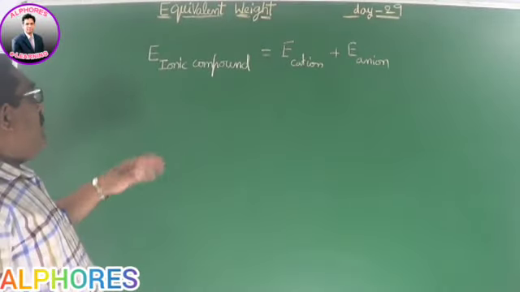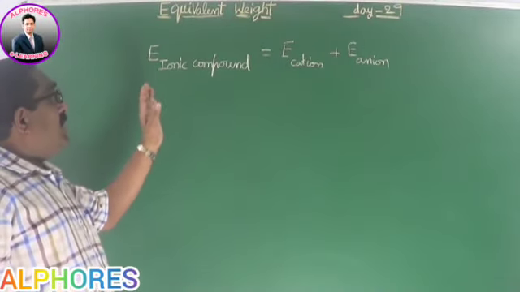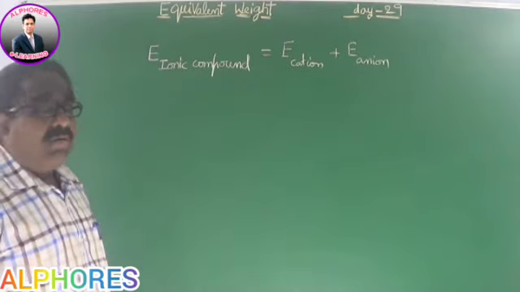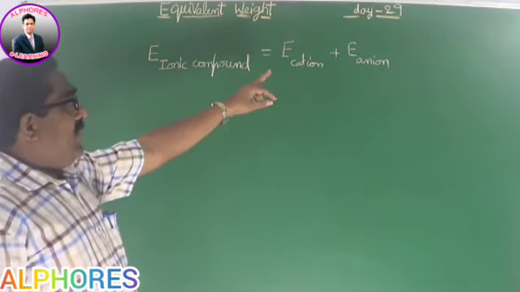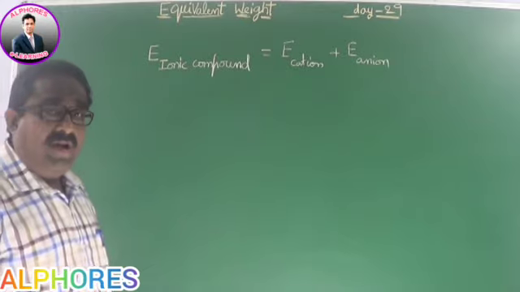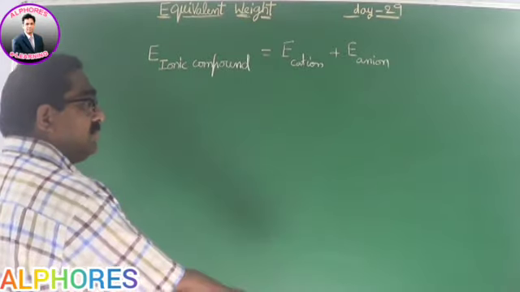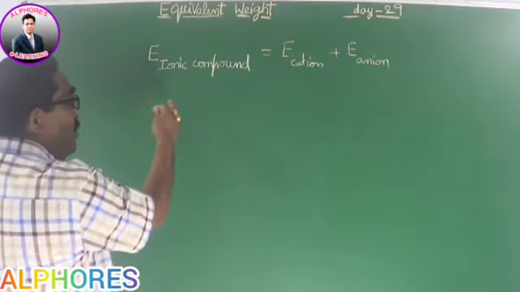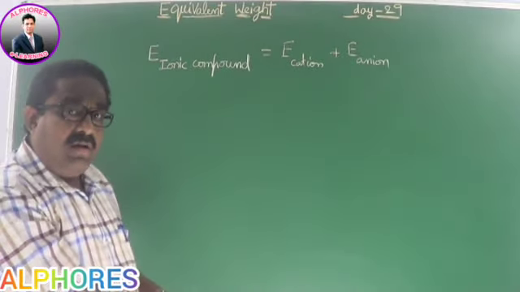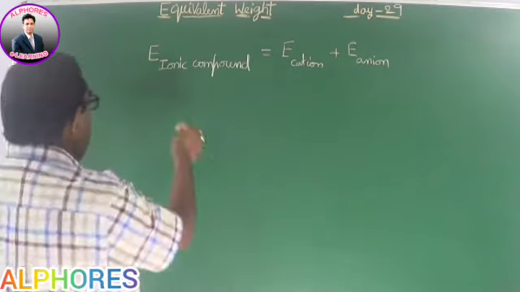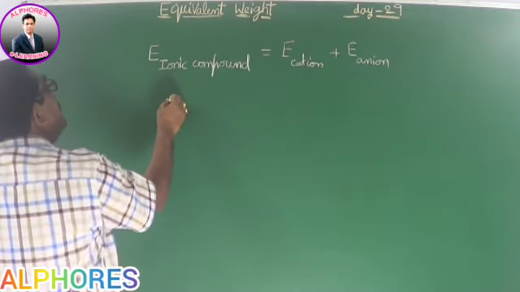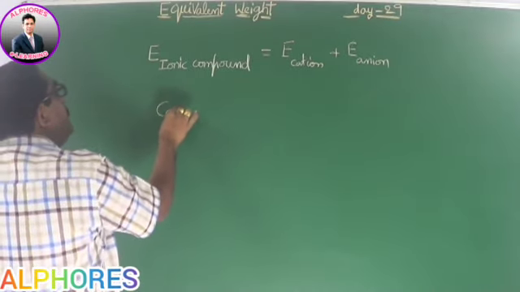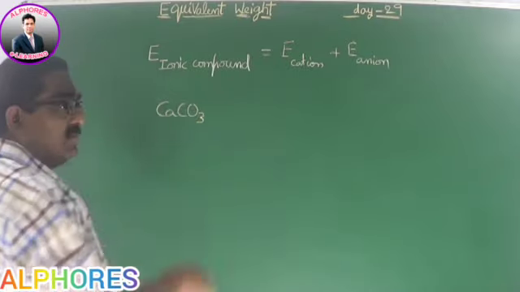So for an ionic compound, you can equate the equivalent weight of the compound just by adding the equivalent weight of cation and the equivalent weight of anion. Let me explain how it is true. Now I am going to take one substance here, for example calcium carbonate.